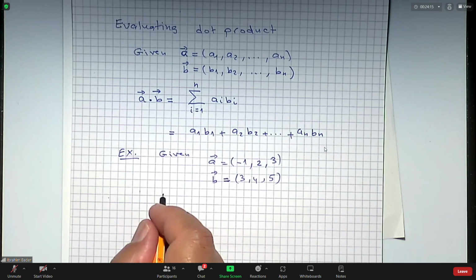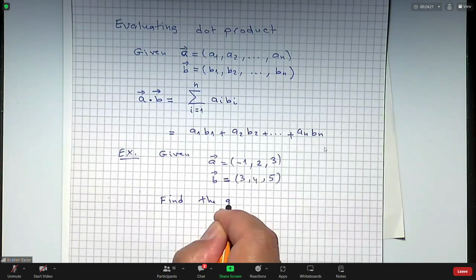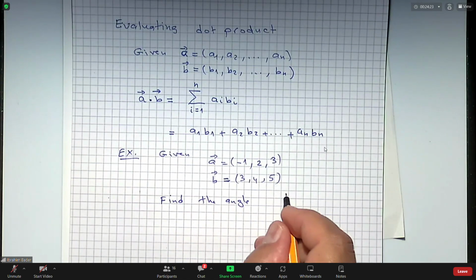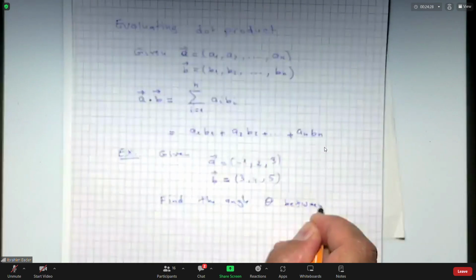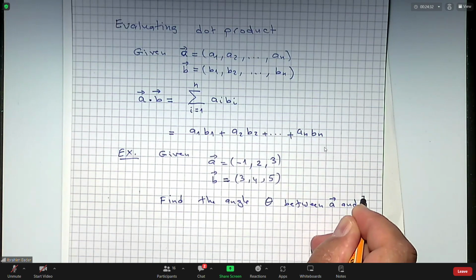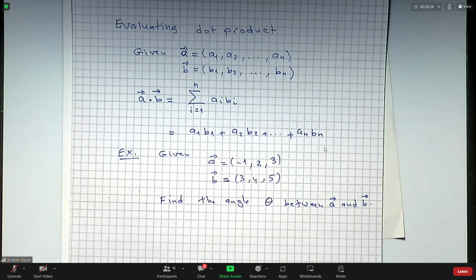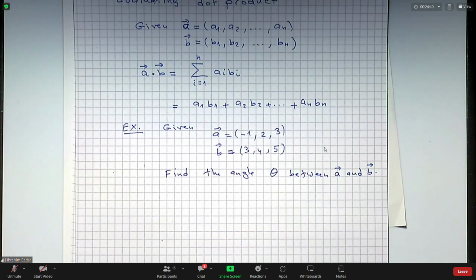The task here: find the angle theta between A and B. So the thing here is we have the vectors.